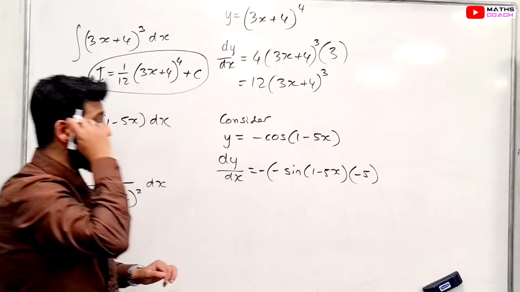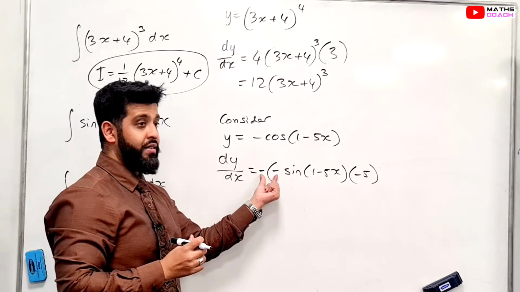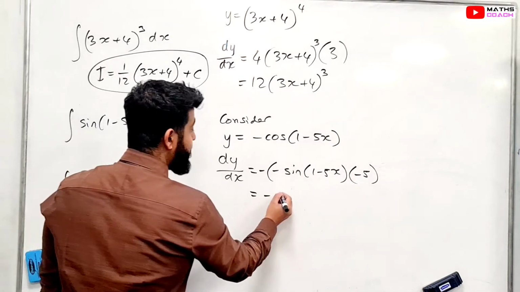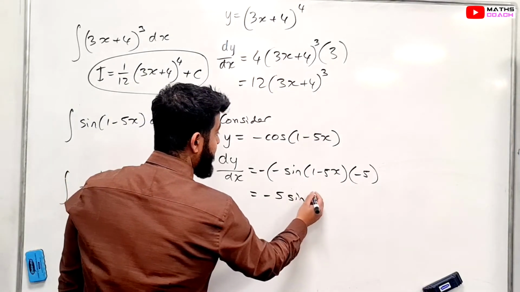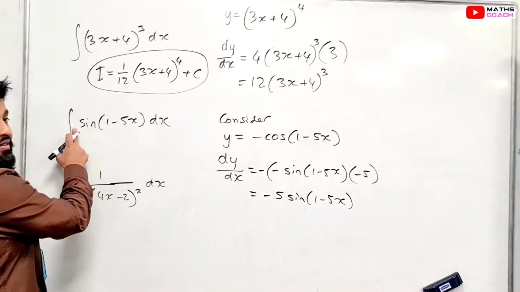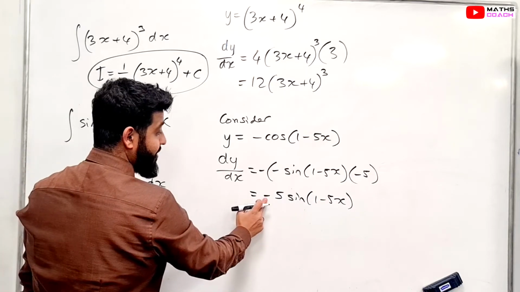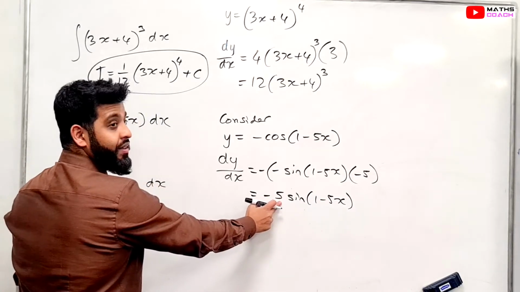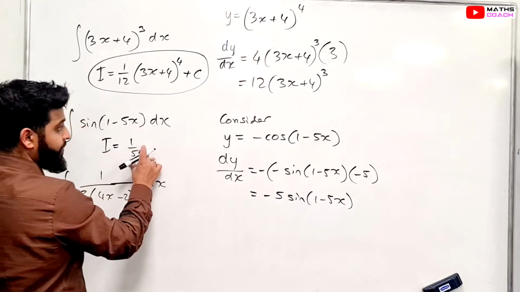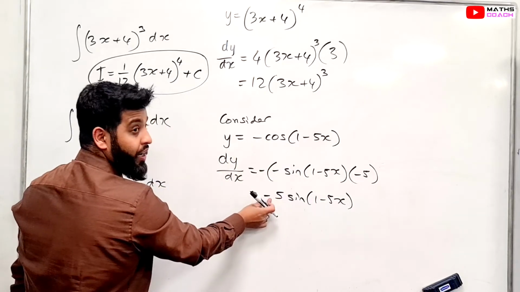Now you've got lots of minuses here. Okay? You've got a minus and a minus here and a minus there. So overall, what will you have? Minus 5 sine(1 - 5x). But we don't want a minus, do we? So we want to get rid of that minus and we want to get rid of the 5. So what do you think the integration of this one will be? We want 1/5. This minus that's already there is going to produce a negative for us, which we don't really want.